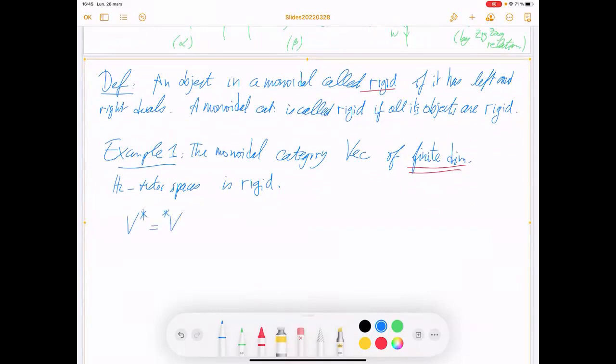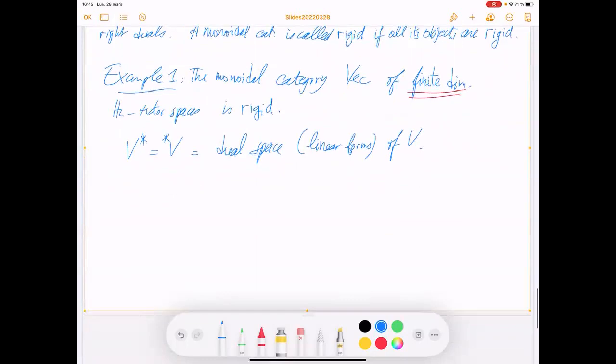You can take the left and right dual equal here as the dual space, the linear forms, of a vector space V. And the evaluation map will be just the application of the linear form, so the contraction.